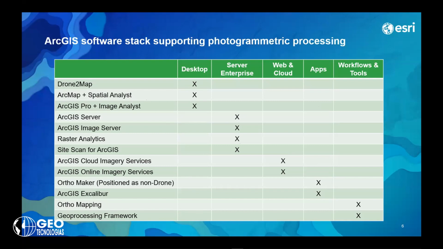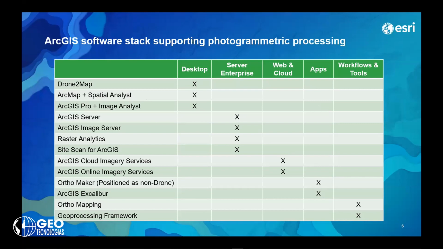ArcGIS Excalibur is a lightweight image visualization and query tool, search and discover tool, that's also part of ArcGIS Enterprise. And again, this is usually delivered through Portal to your users to allow them to search your imagery holdings in your catalog and decide if they want to do downloads or do some analysis on a selected set of imagery.